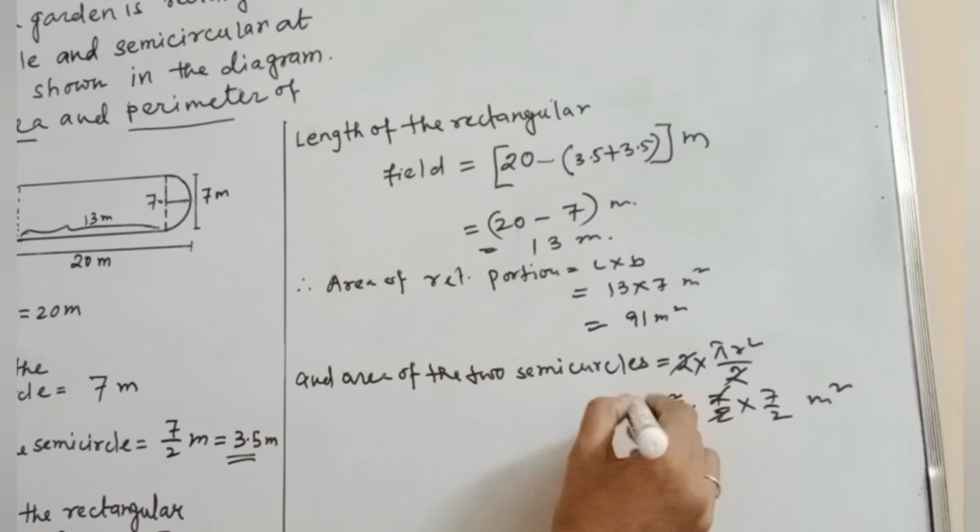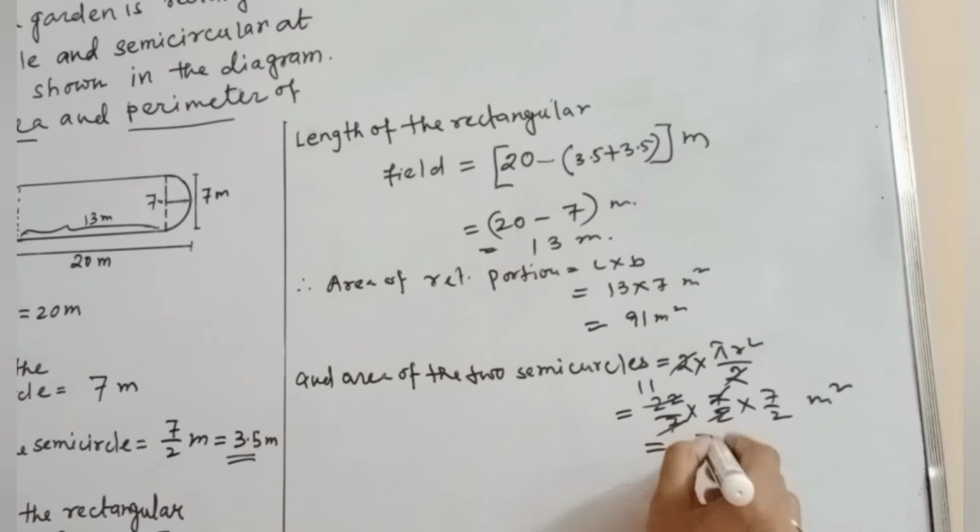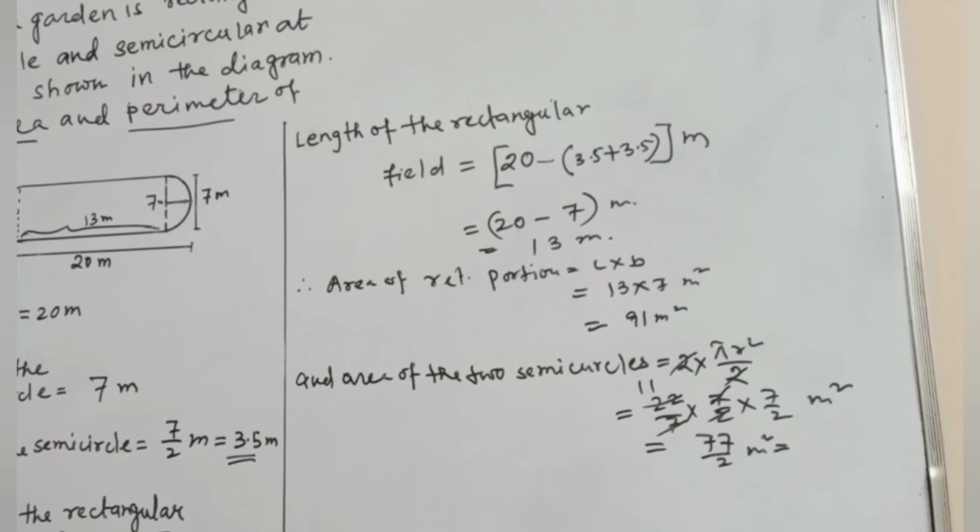Cancel all these, 11, so 77 by 2 meter square, that is 38.5 meter square.